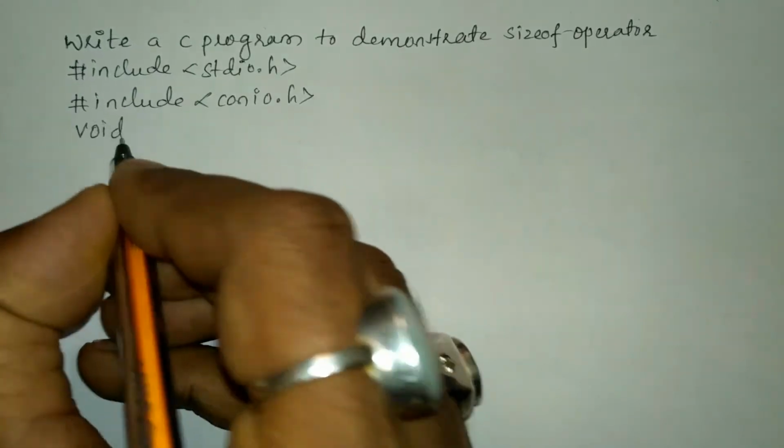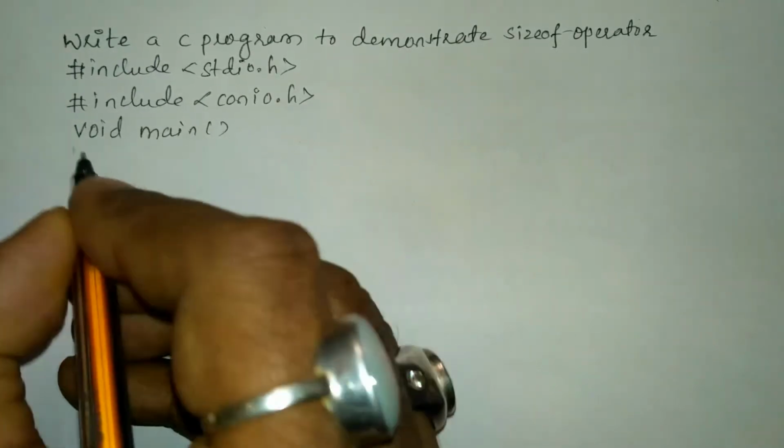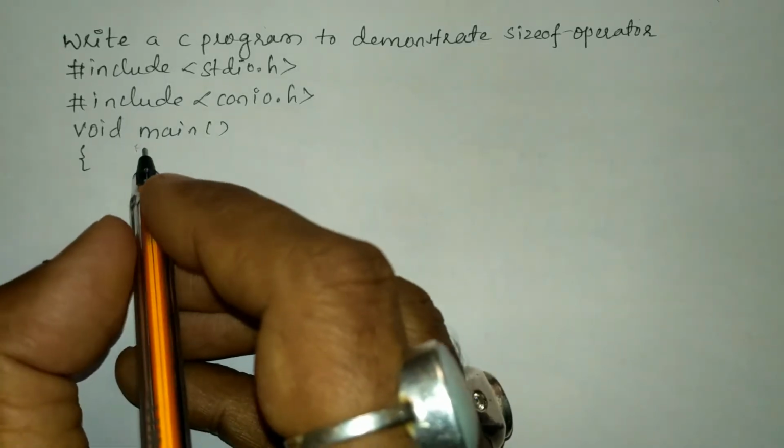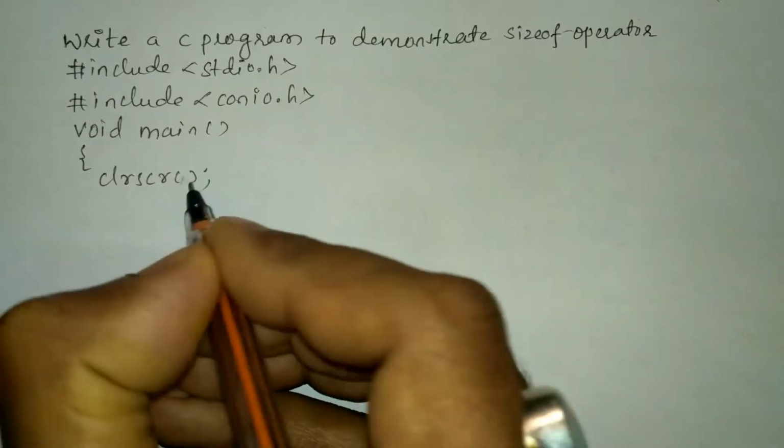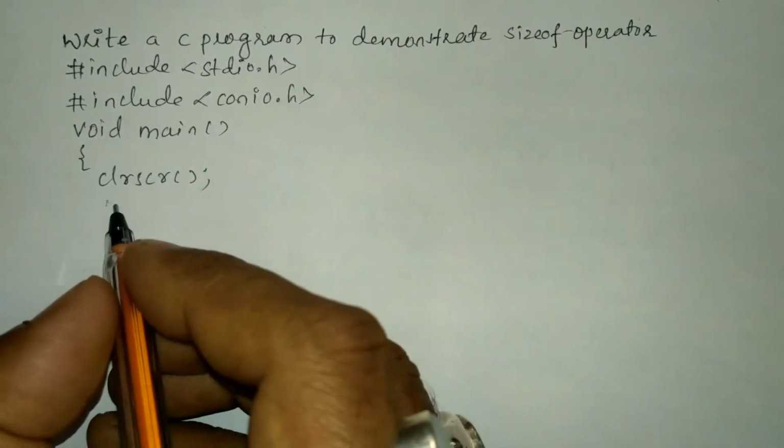Now I'll write the void main function, curly open brace, and here I'm going to write the clrscr function which clears the previous output.